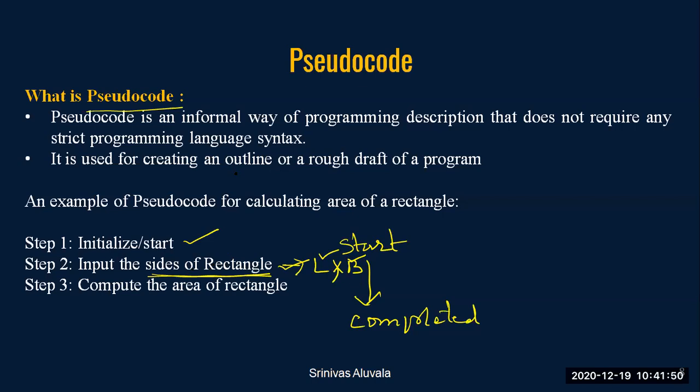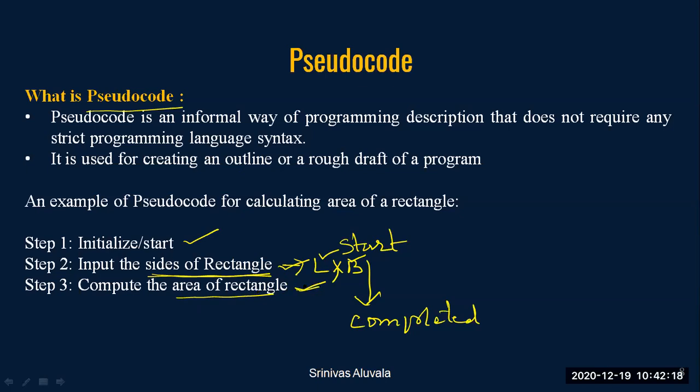Then after getting the sides, I need to compute the area of the rectangle. How I compute, I am not mentioning. See here, how I compute is not mentioned. The next step is you take the two sides of the rectangle, then compute the area of the rectangle. How the computation is done, what the formula is, is not mentioned over here.